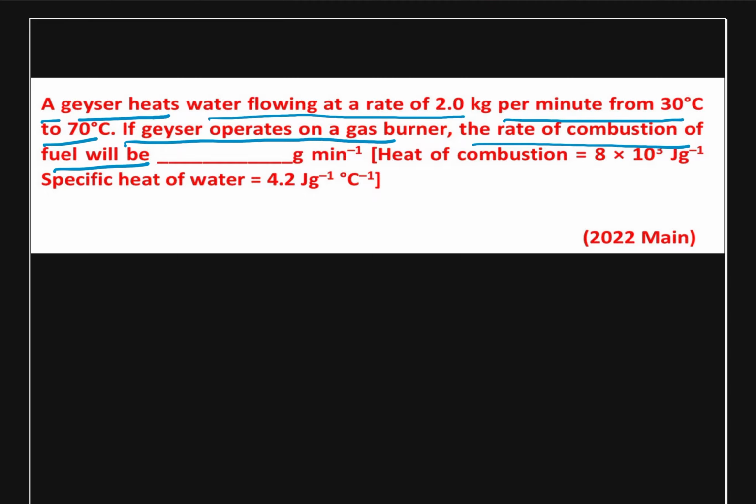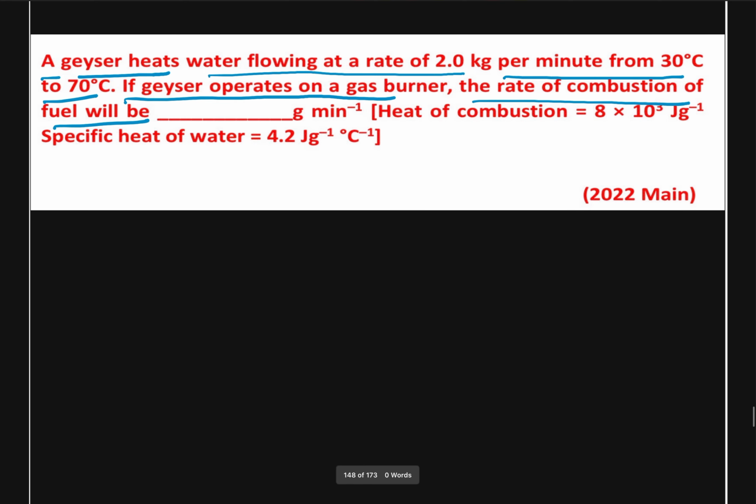Okay. So it means the heat that will be generated will be because of the burning of the gas. So there should be equal the amount of heat that is being used to raise the temperature of the water.